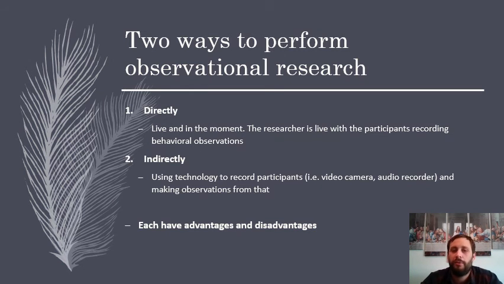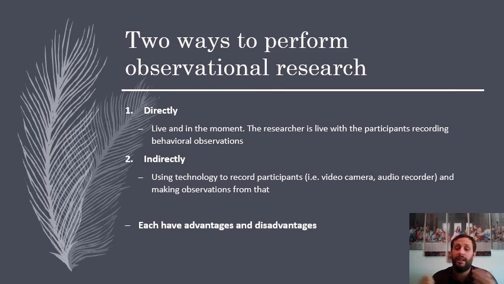There are two ways to perform observational research. The first is directly observing. This is live and in the moment, when the researcher is with the participants recording behavioral observations. So they can be out in the streets observing somebody stopping at a stop sign and tallying how often they do that.